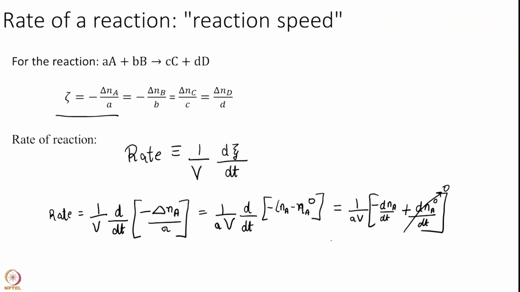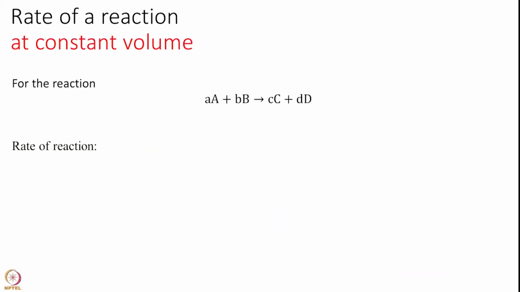So, at the end I get 1 over volume into 1 over A minus dNA by dt. So, this is the rate that I have got.